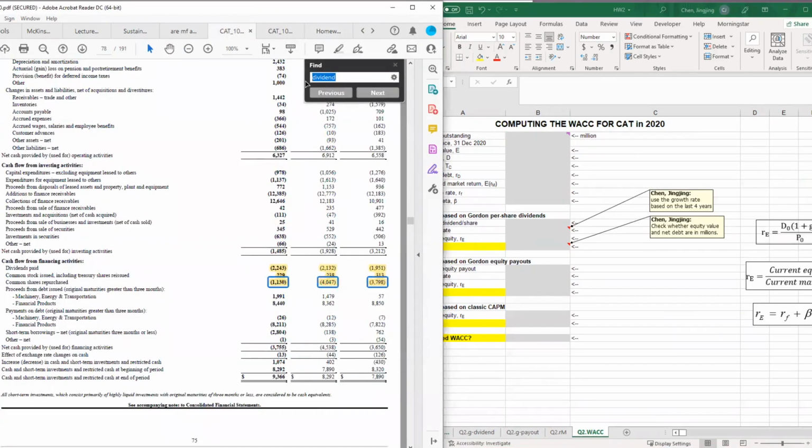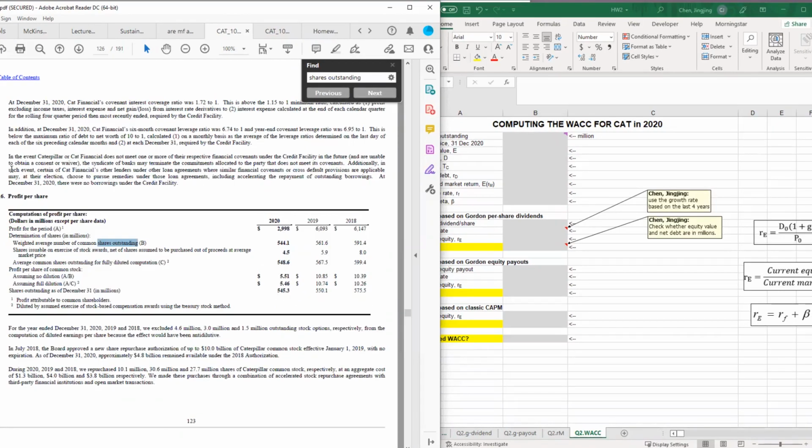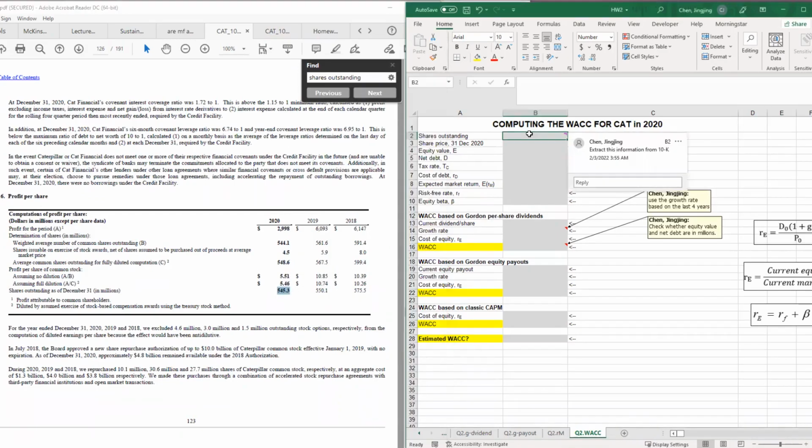And I want to search for shares outstanding. Okay, I got it here for 16 profit per share. Shares outstanding equals 545.3. I'll use 545.3.